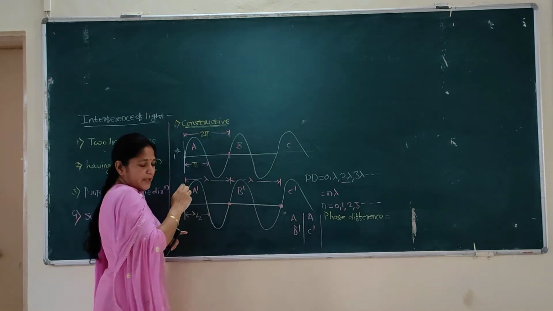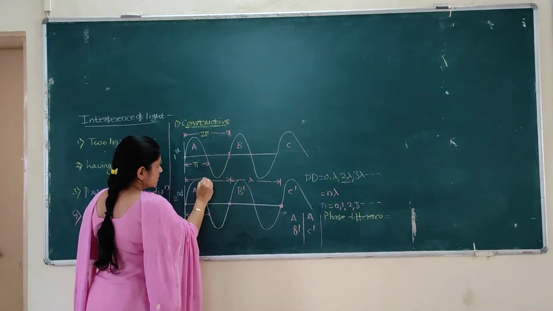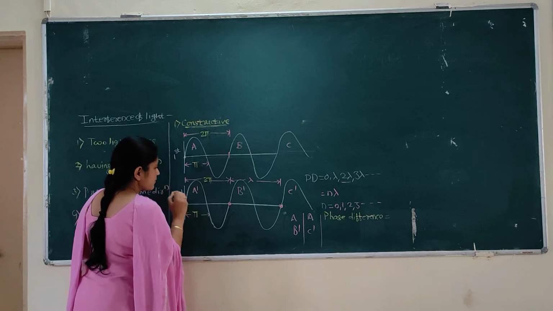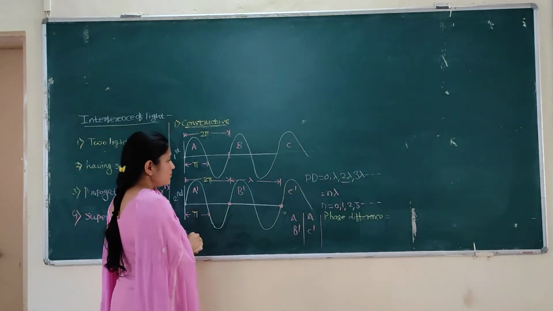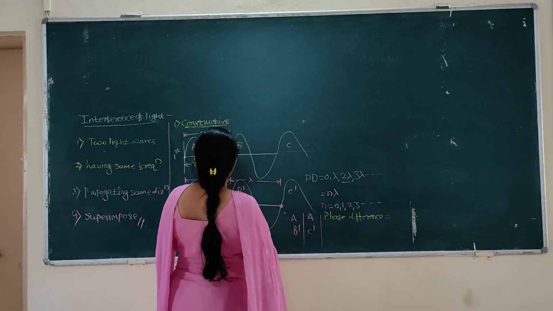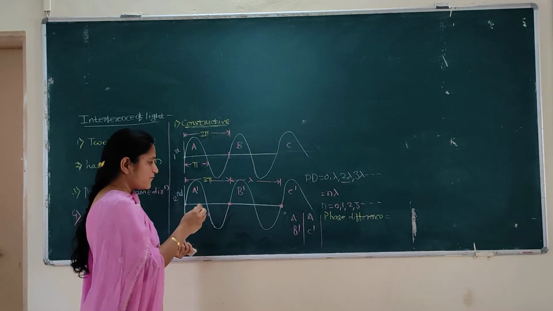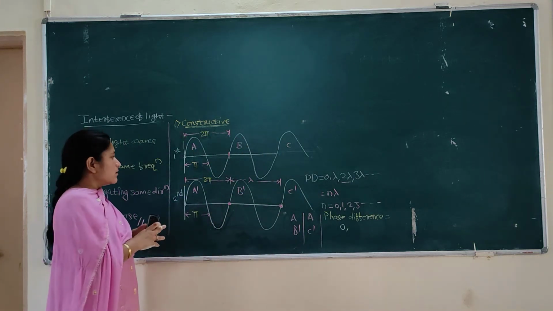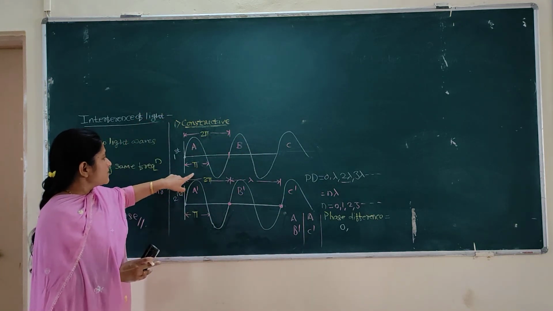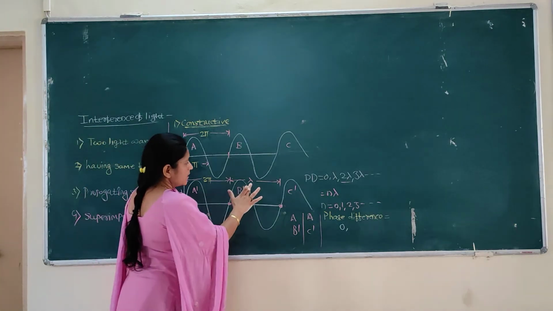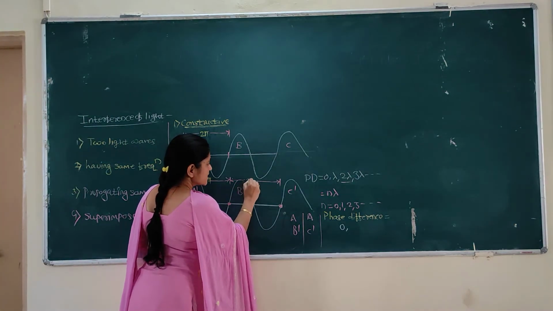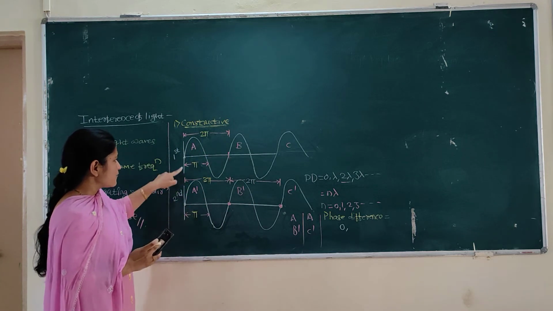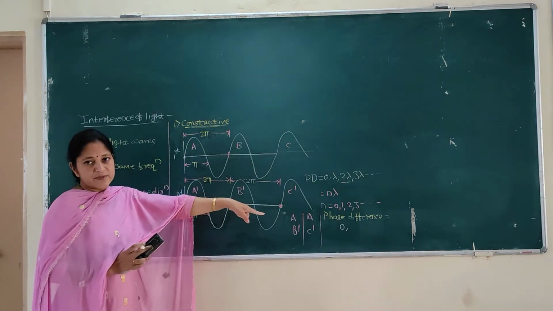Total angle is 2 pi. Now here also there is a 2 pi angle and this is pi angle. Say the phase difference for constructive interference is first 0. So 0 phase difference means what? See this, here both the waves start from this point and therefore there is 0 phase difference.